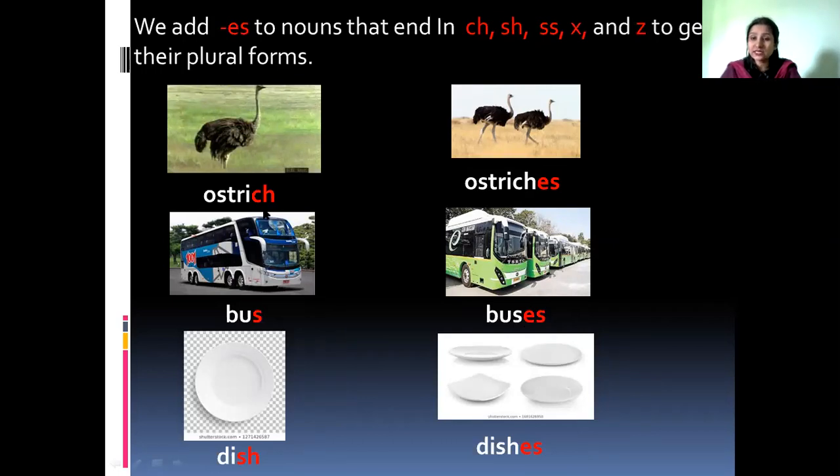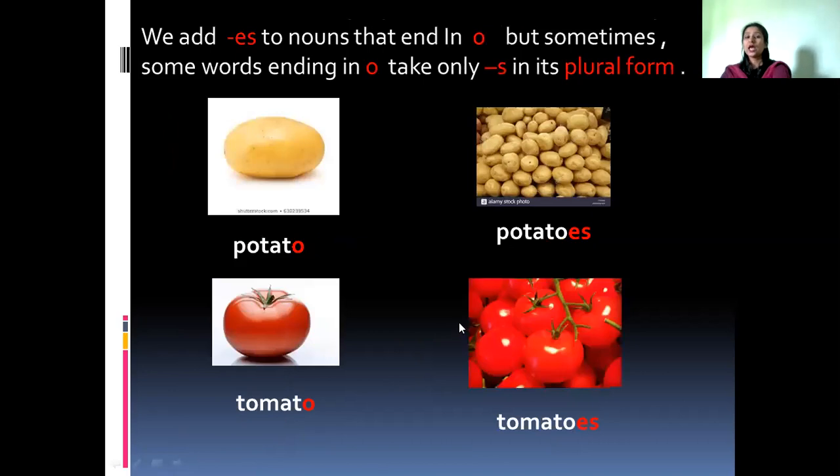Ostrich, the last letters are CH, so we have to join ES. Why? Because our rule says so. Here: ostrich, ostriches; bus, buses; dish, dishes. Then same here: if the noun ends with O, that time also we have to join ES and make the plural form.